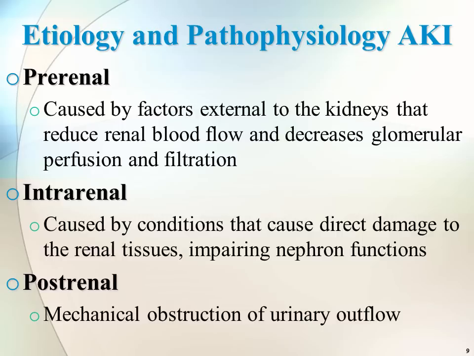Remember, when you have that decreased tissue perfusion, it can come from intravascular volume depletion, so not enough circulating volume as in hemorrhage, or it can come from a relative hypovolemia like vasodilation, neurogenic shock, sepsis, anaphylaxis, or it can come from an occlusion in the renal artery, or it can come from what they say is translocation of fluids like we have in sepsis, or severe ascites.